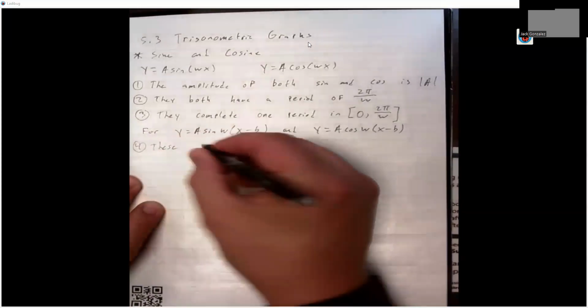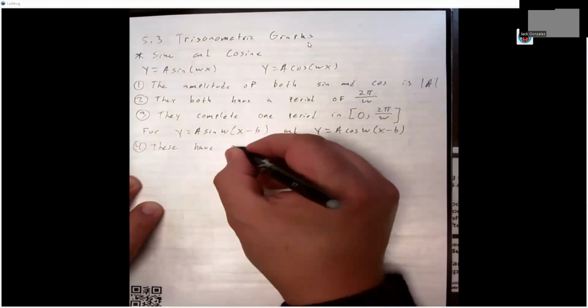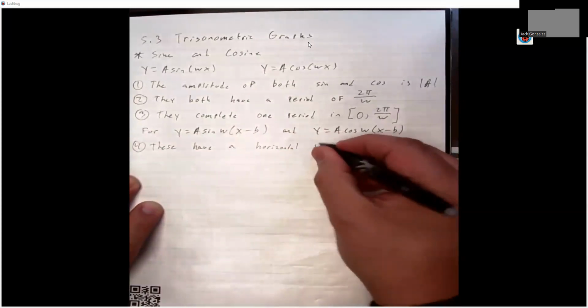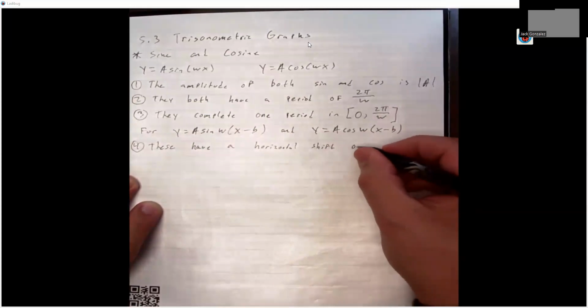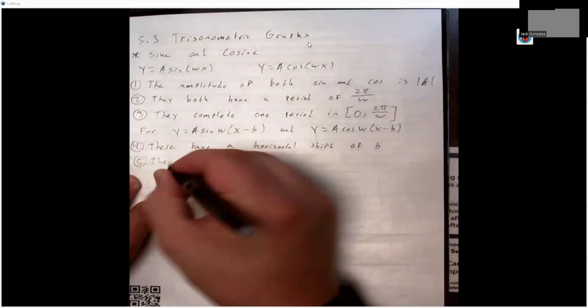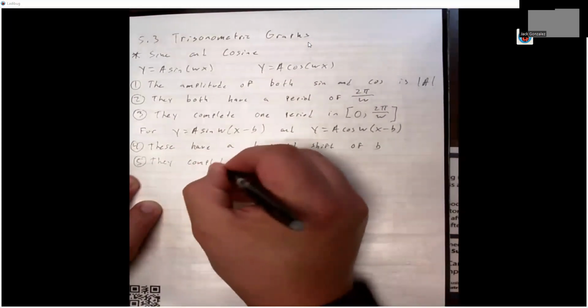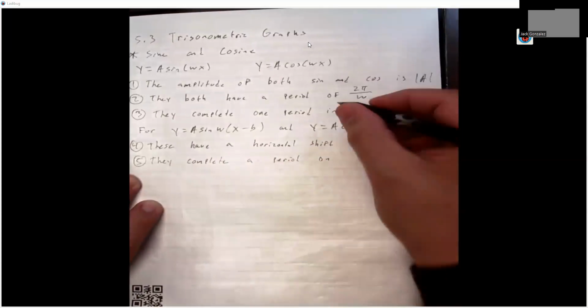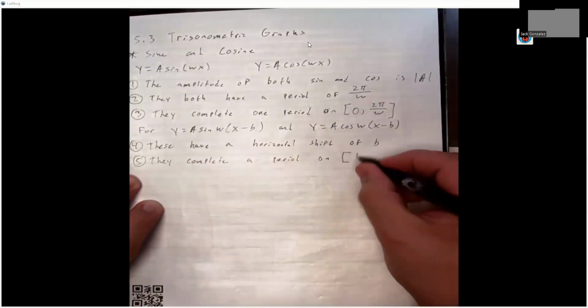So for these, they have a horizontal shift of B. They complete a period on B to B plus 2 pi over omega.